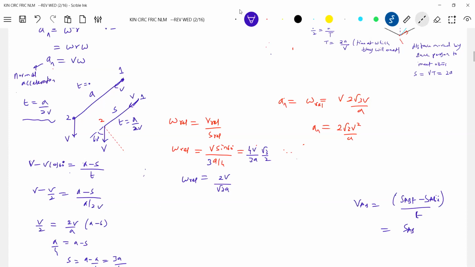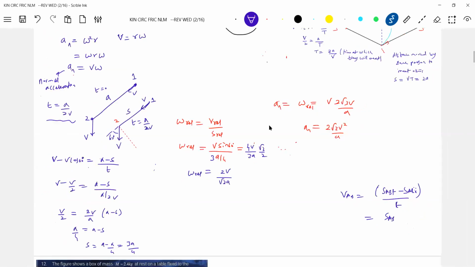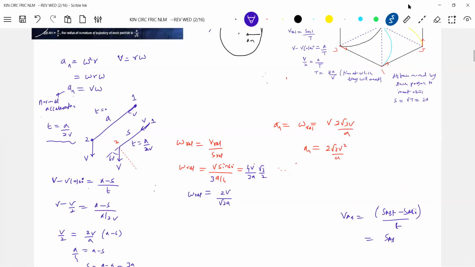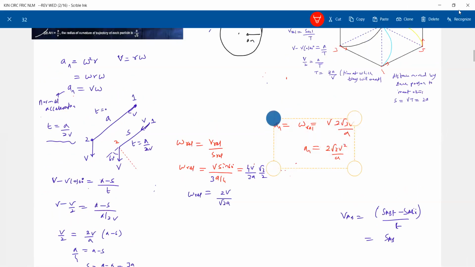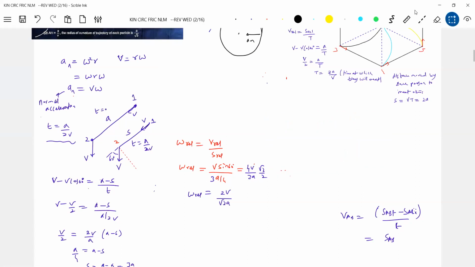Okay, now what is that particular formula? A normal is equal to, I'm doing motion of 1 with respect to 2. So now how to bring that acceleration is what we have to put here. So shall we write v into omega relative? 2v by root 3a.